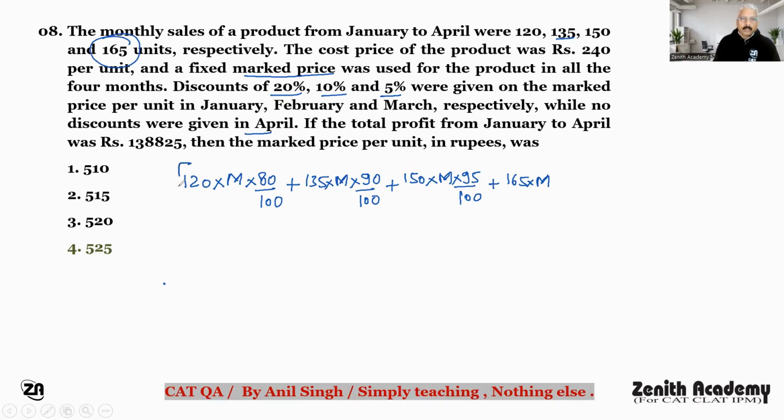Okay, this is the total sale minus total cost is equal to profit. So we can say this sale is equal to the total cost of 120, 135, 150 plus 165 into rupees 240, plus profit.